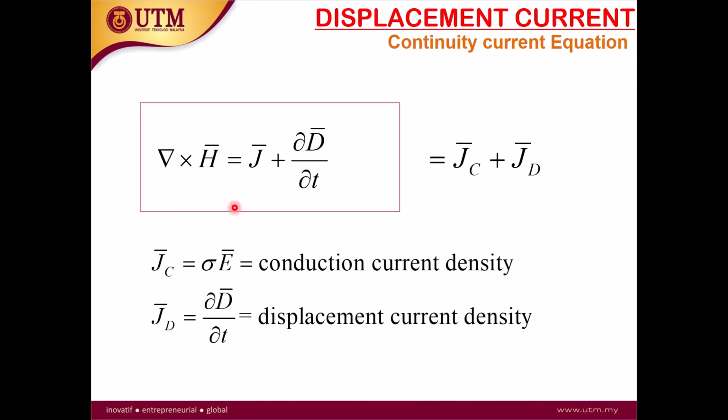From this equation, you can also see that we can relate the magnetic field with the electric field. As we know, the conduction current density JC is equal to sigma E, while JD in this case is del D over del t. This part is the displacement current density and this part is the conduction current density.